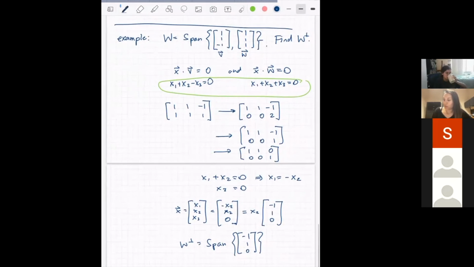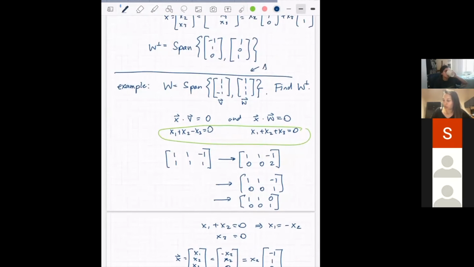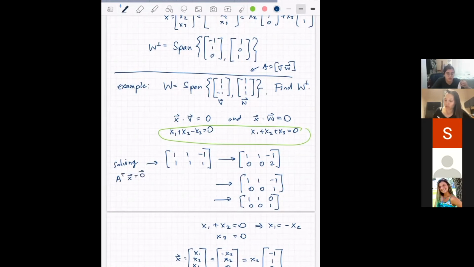If we were to put these vectors into a matrix, so A was equal to [V W] with V and W as the columns, then here what we're solving is the equation A transpose x equals 0. So it's the null space of A transpose.